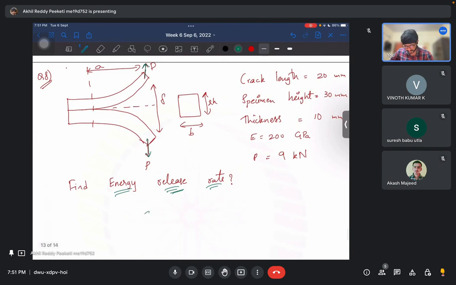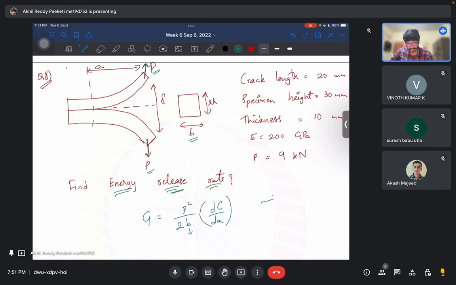So the energy release rate G, in this case where load P is applied, you can write as B, being the width, into dC by dA.